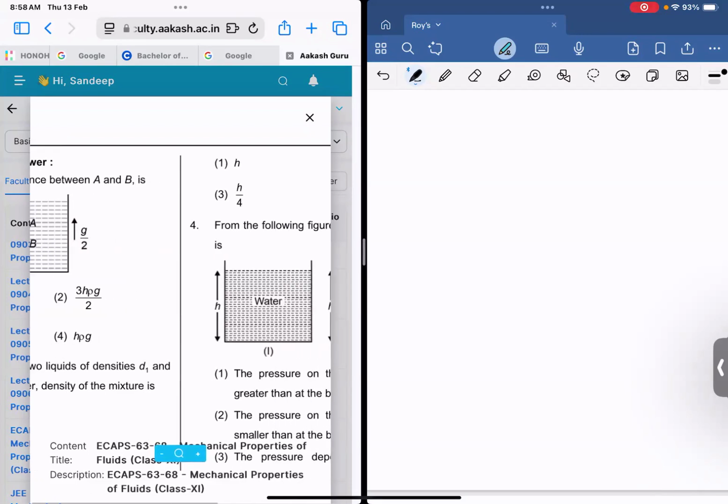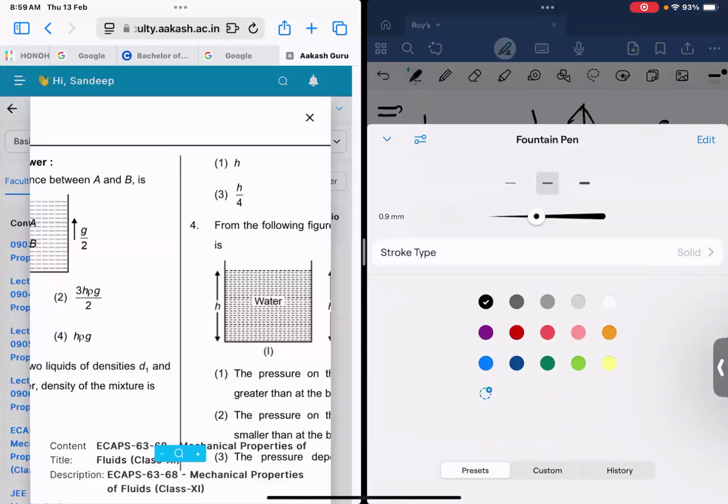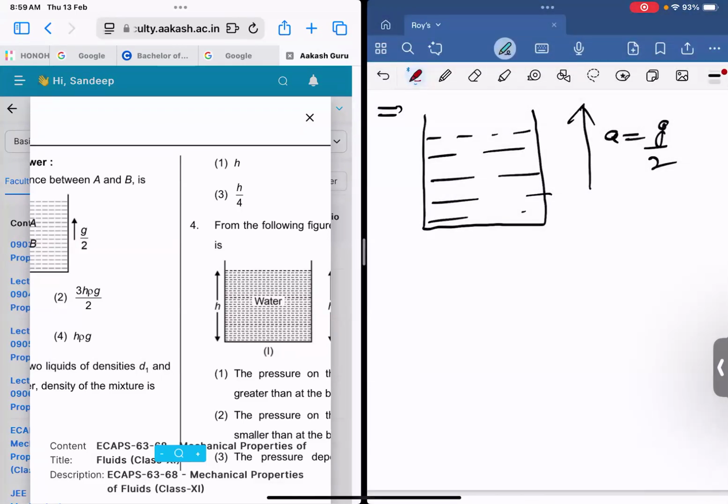This is a container filled with some kind of liquid, and the container is going upward with the acceleration g by 2. You have taken 2 points here, one point is A and the other point is B. The height between them is h.